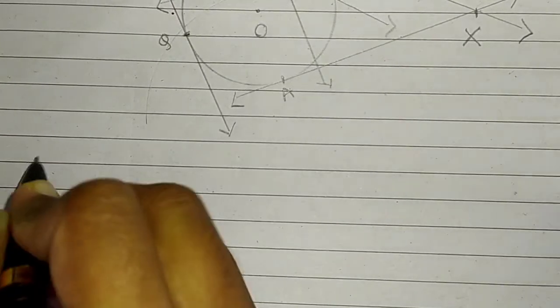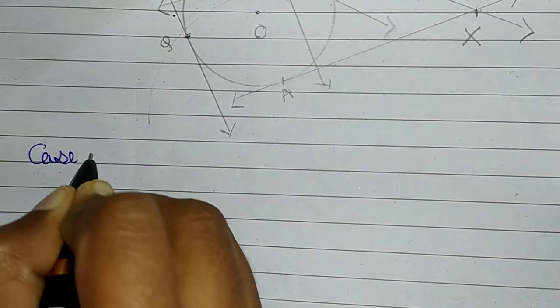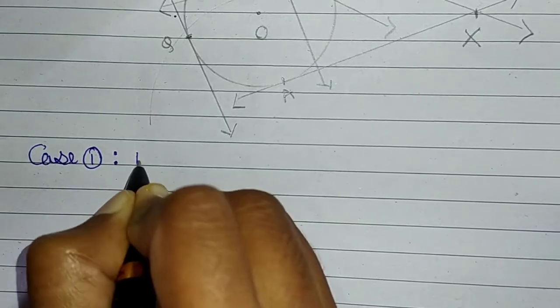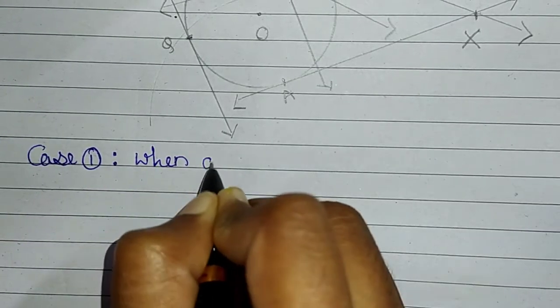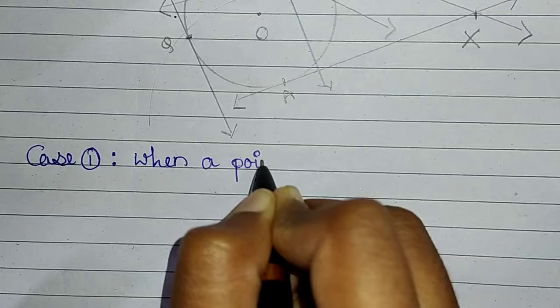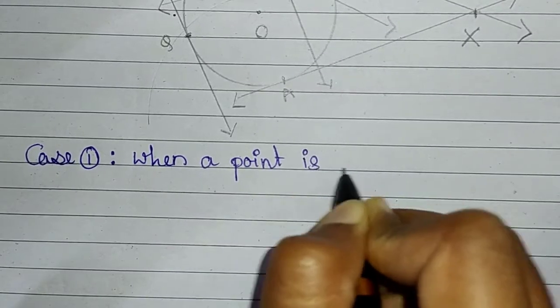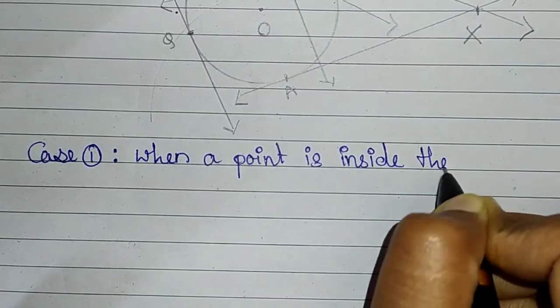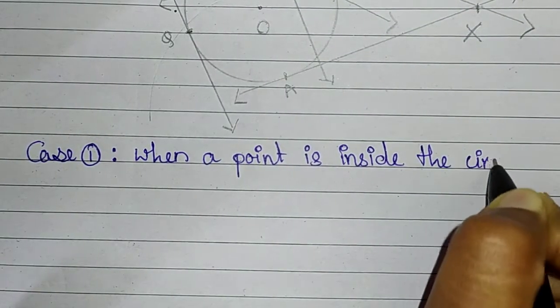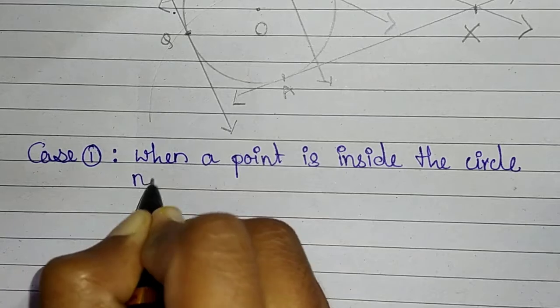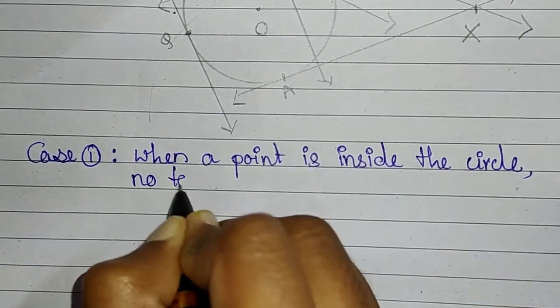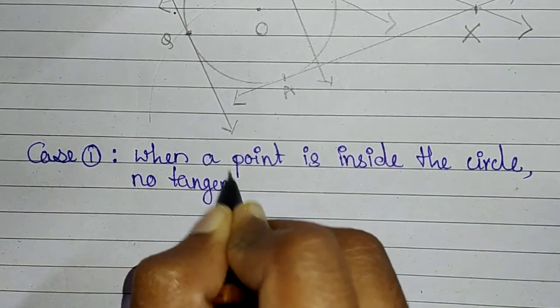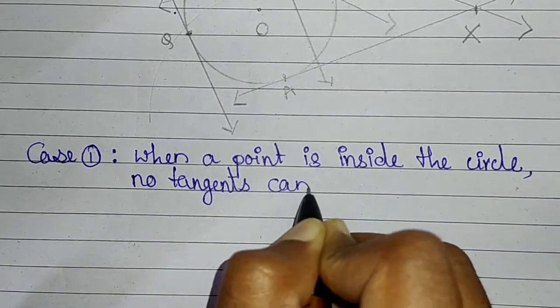So case 1, when a point is inside the circle, no tangents can pass through it.